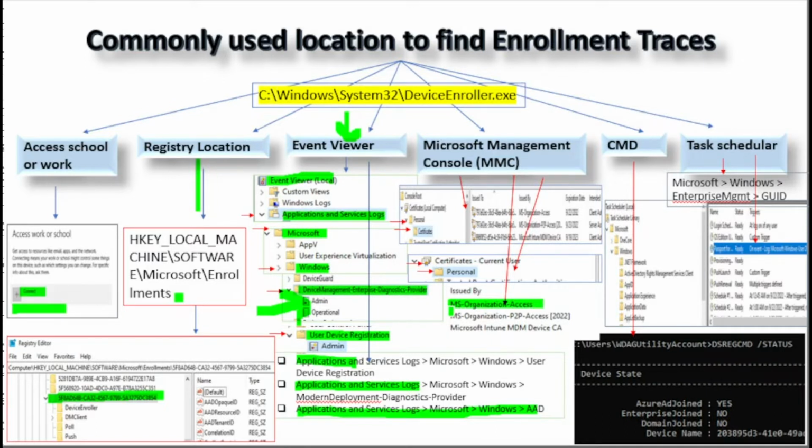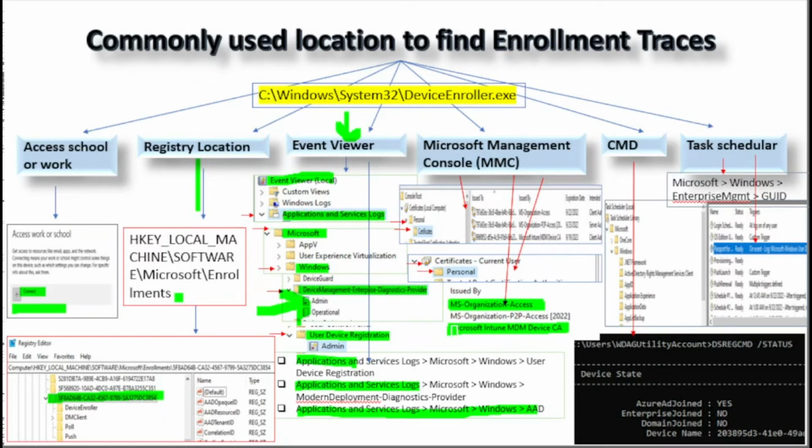If we register a machine in Azure AD, we'll get an MS-Organization-Access certificate, and the second one is Microsoft Intune MDM Device CA. This will ensure that secure authentication will happen, and both certificates are issued to the device ID, not the user.